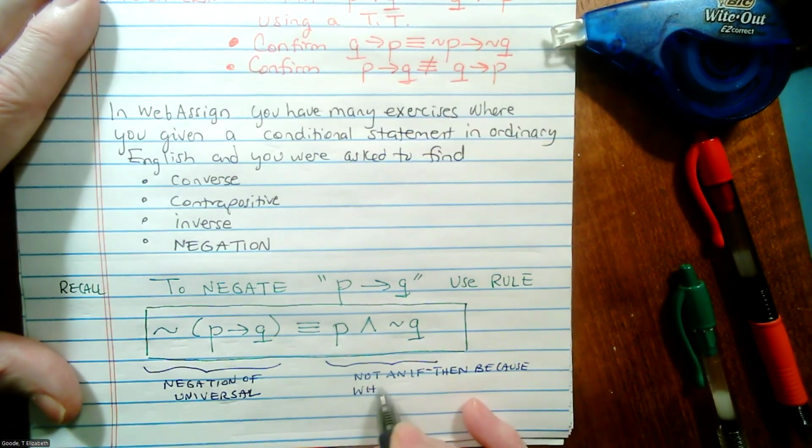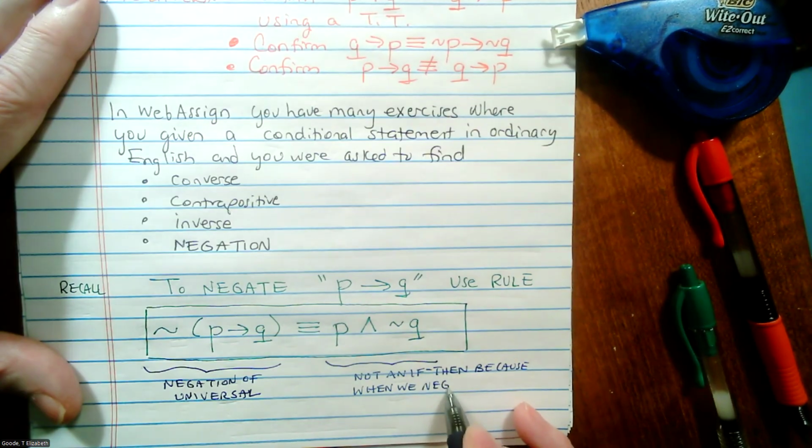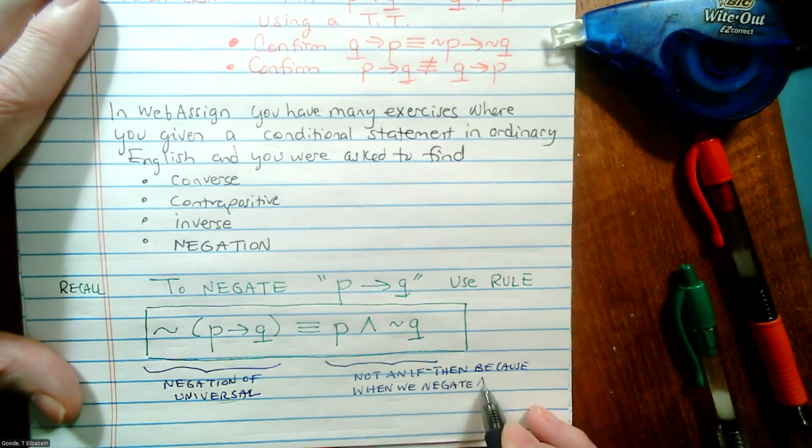When we negate a universal, we don't get another universal. We get an existential.